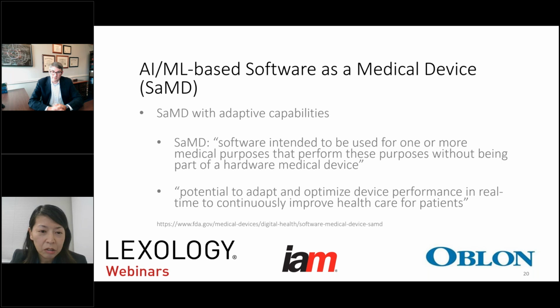So it's not software for general use. Also, another key point here is that it's not software in a medical device. It's software as a medical device. So you can see it as a standalone software application, and it's not part of the hardware, and that can be used for helping the patient.